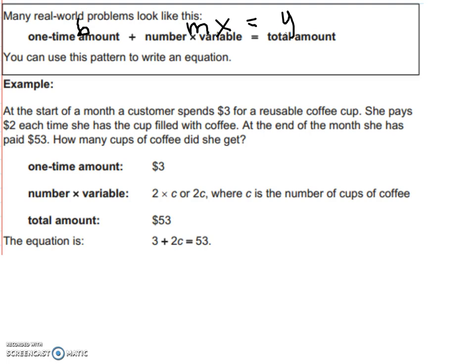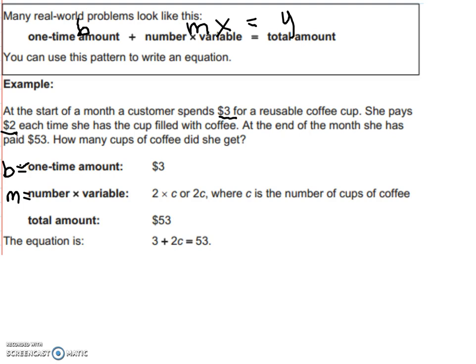So at the start of a month, a customer spends $3 for a reusable coffee cup. So $3 is going to be my B. It's my one-time fee. She pays $2 each time she has the cup filled with coffee. 2 is my constant rate of change. That is my M. And at the end of the month, she has paid $53.